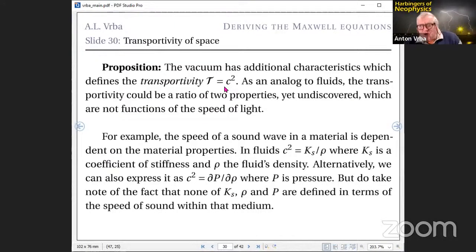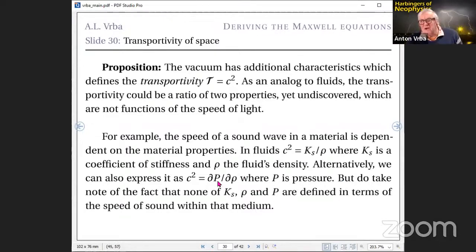If we look at fluids, the velocity of a sound wave or a pressure wave in a fluid is given by the coefficient of stiffness of the fluid divided by the fluid density.